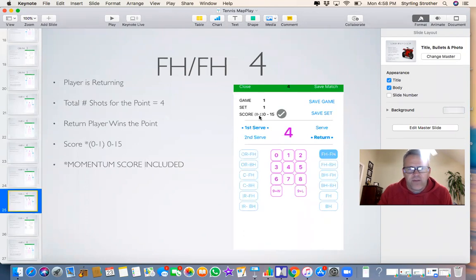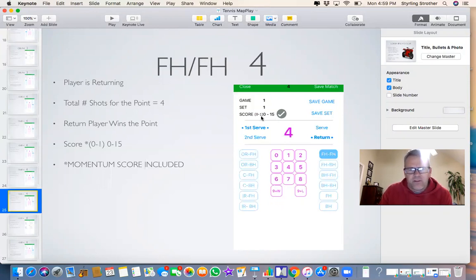And so what that would say, it would say 0, 1 in parentheses and then 0, 15 because the point was 1. Obviously, this player is returning, so if the return player wins the point, not only does the score say 0, 15, but in front of that it'll say 0, 1, and hopefully we can put that in parentheses.